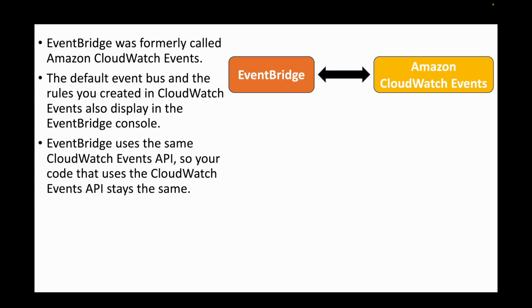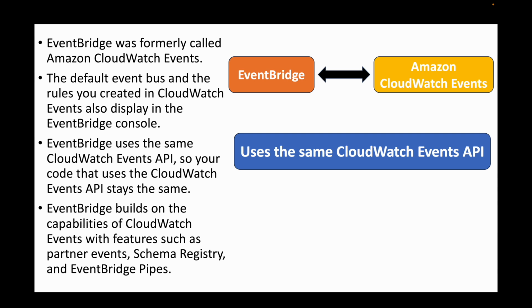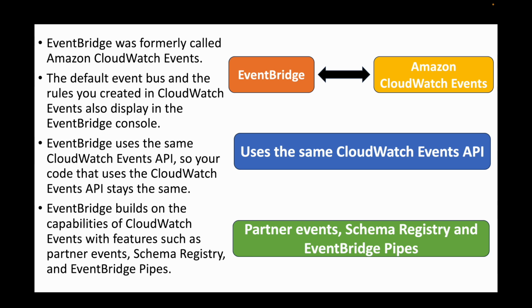EventBridge uses the same CloudWatch Events API, so your code that uses the CloudWatch Events APIs stays the same. All right. EventBridge is built on the capabilities of CloudWatch events, and it contains features such as partner events, schema registry, EventBridge pipes, and so on.